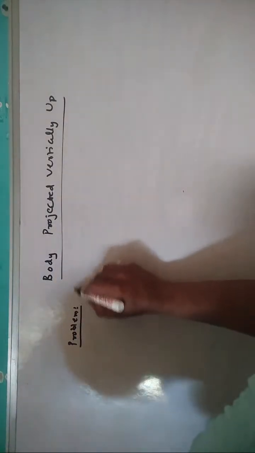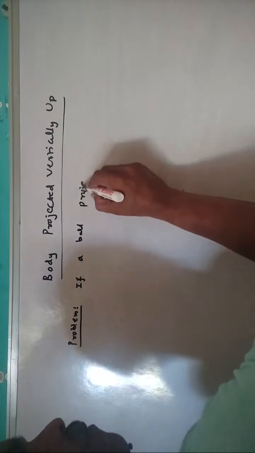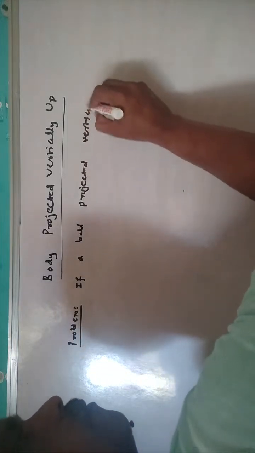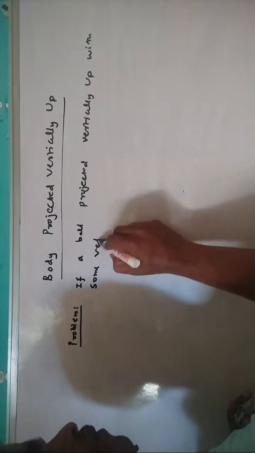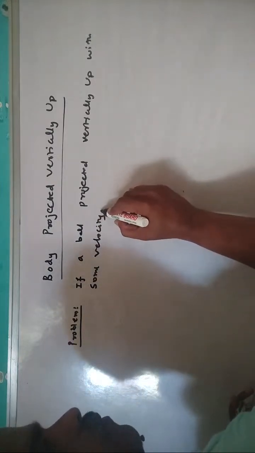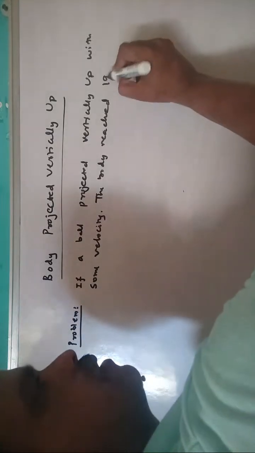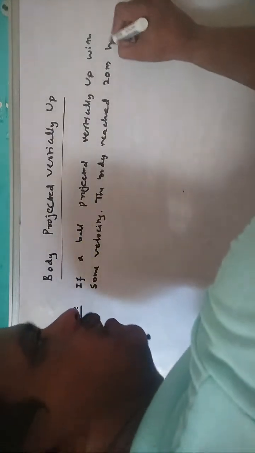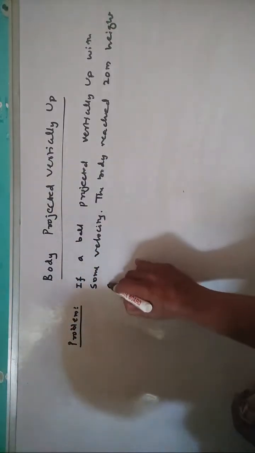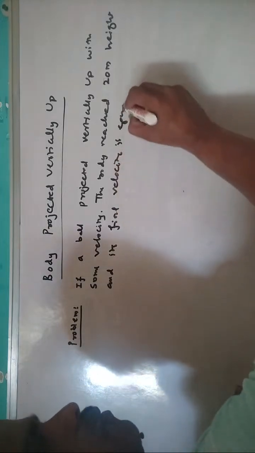Next, one more problem. If a ball is projected vertically up with some velocity, the body reaches, let's take it as 20 meters height, and its final velocity is equal to 0.